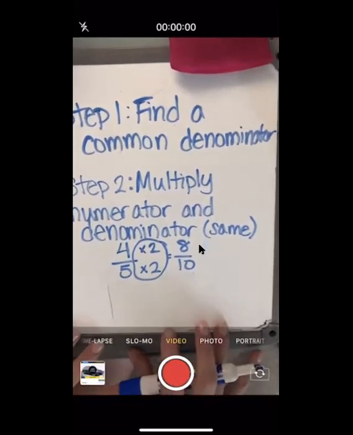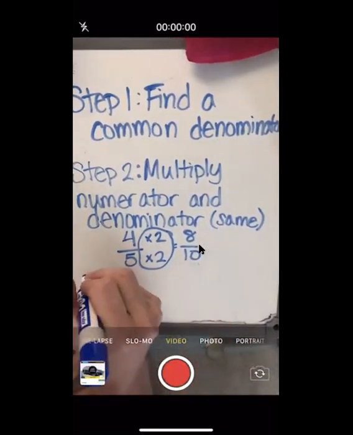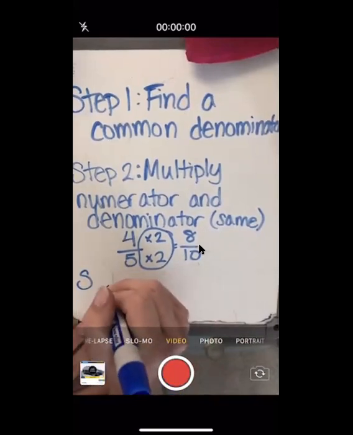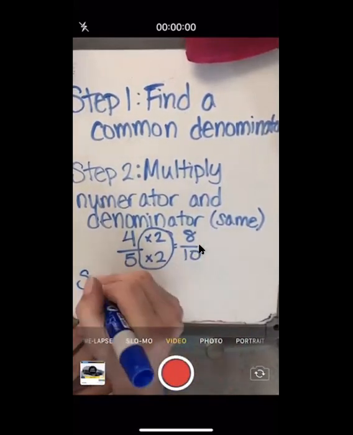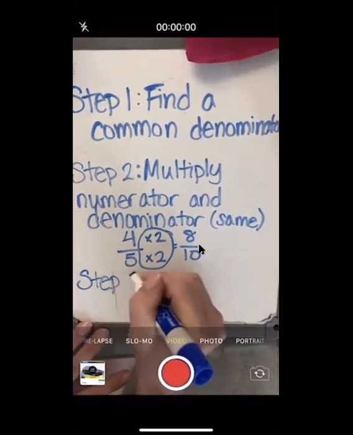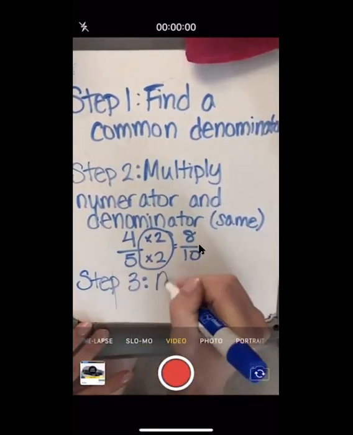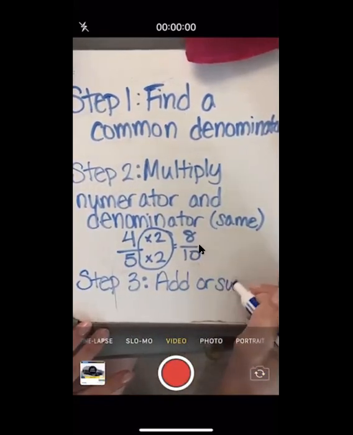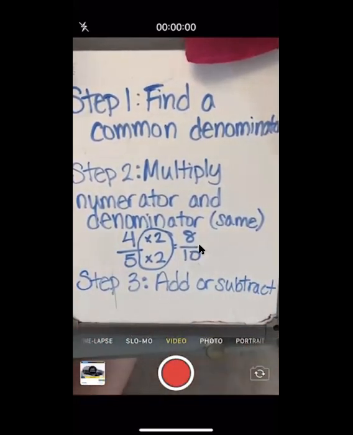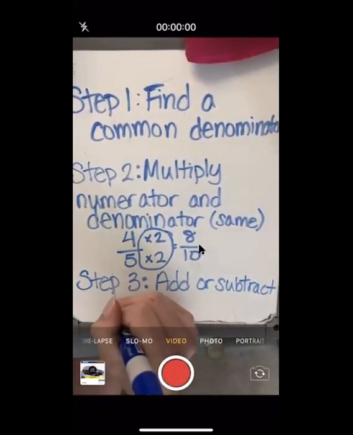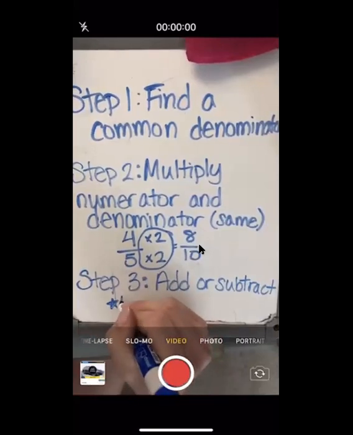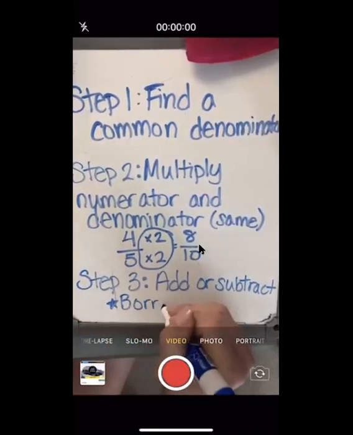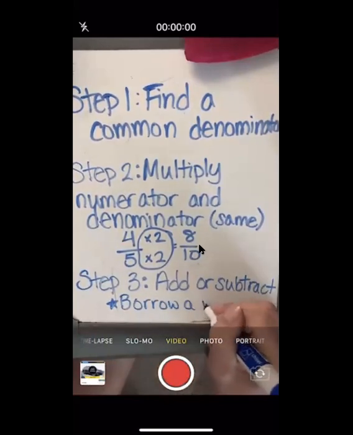So I'm gonna move this up just a little bit. Step 3, once we have found our common denominators and we've multiplied everything to make it friendly, then you're either gonna add or subtract. It kind of, again, depends on your problem, right? And then down here, I might put a star, borrow a whole.